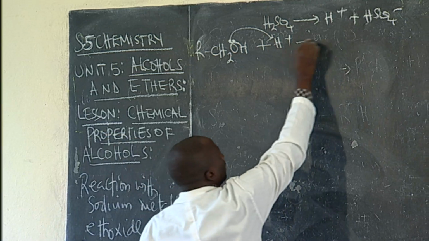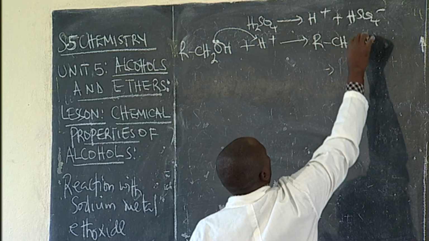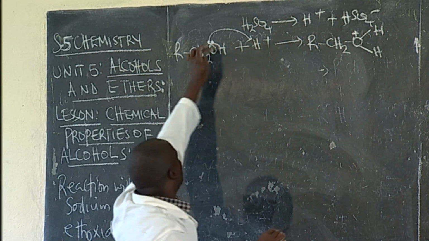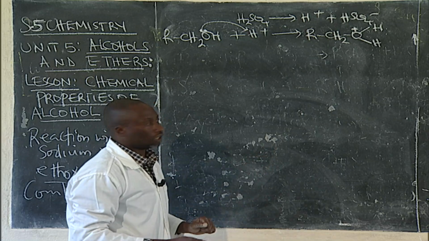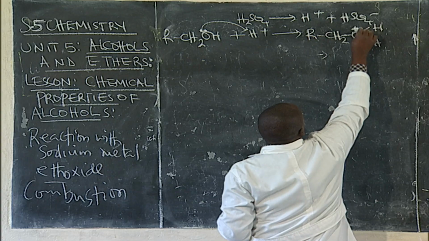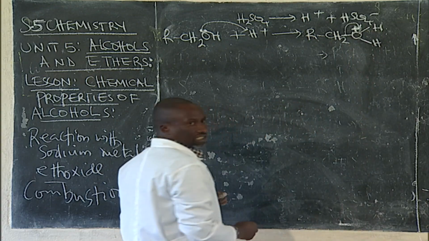And then it will form RCH2 with oxygen, with the hydrogen added there. Now, in this case, it forms water with a positive charge. So this positive charge, this bond breaks to neutralize it.